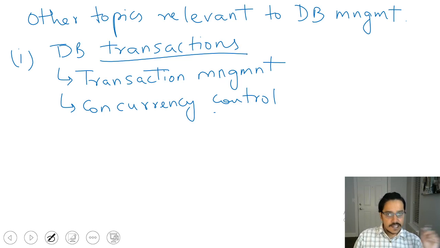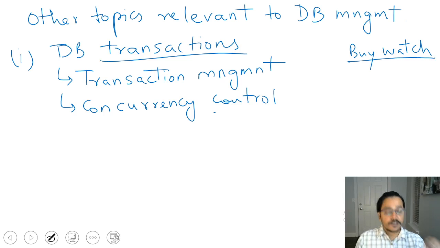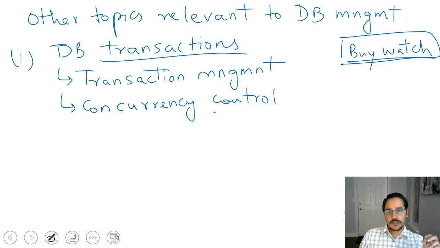If the logical action from your customer's side is to buy a product, let's say buy a watch, this is the logical action that your system is trying to implement, which relies on the database. So now the question is, what are the set of related actions your system needs to execute, one after the other, in order to satisfy this particular operation?